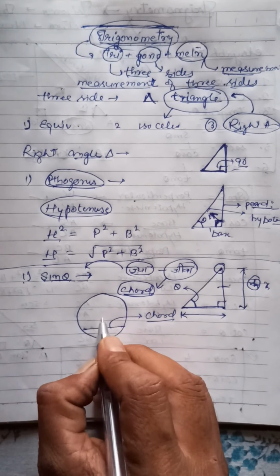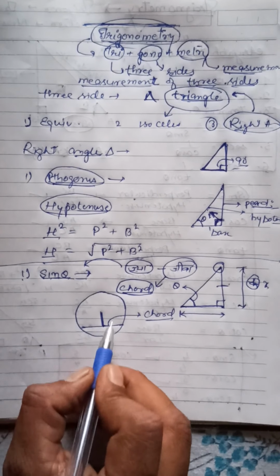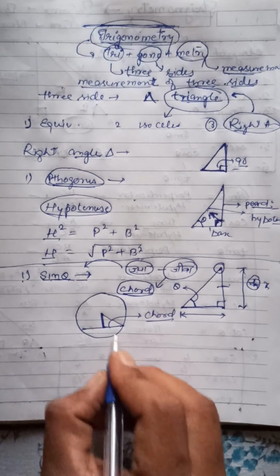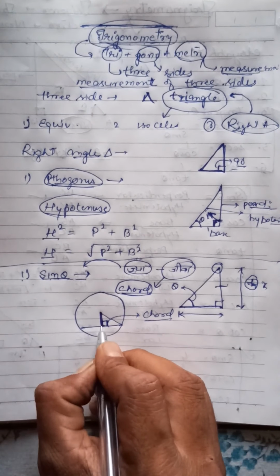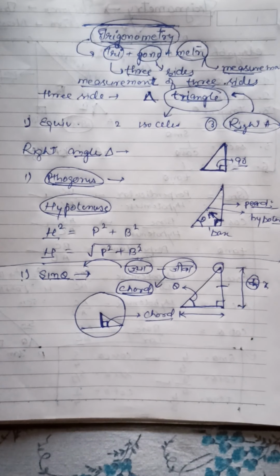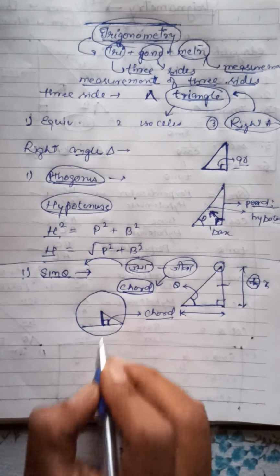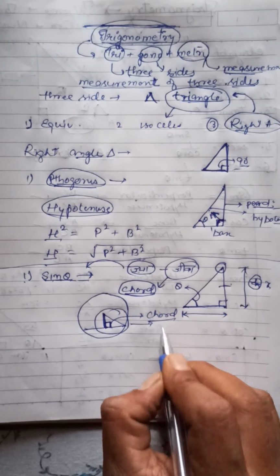Jaya means half chord, that is, half of the chord. Now if we join these two points, what will it make? If we draw a perpendicular on the chord from the center of the circle, it will make a 90-degree angle. And what is it? It is a right angle triangle.